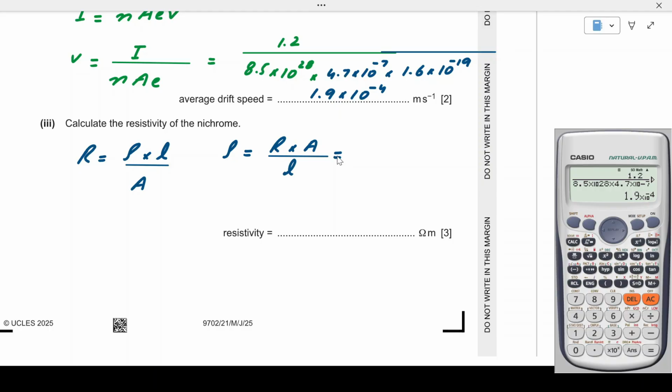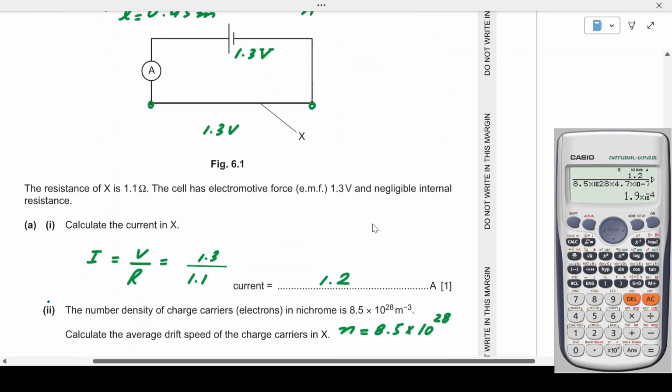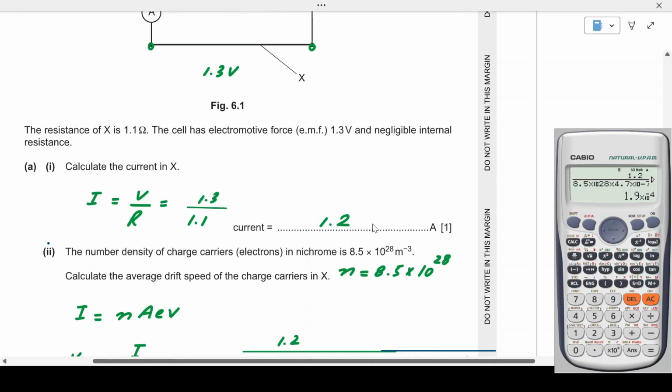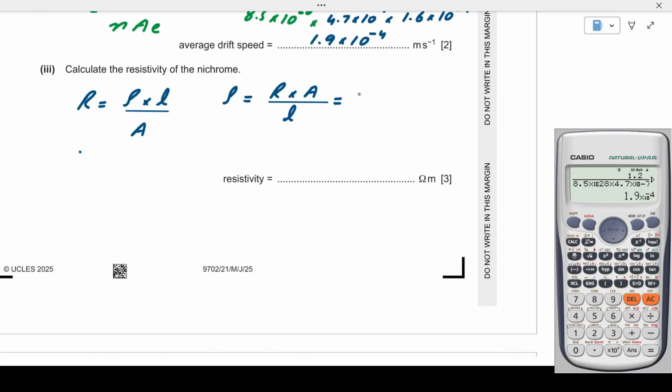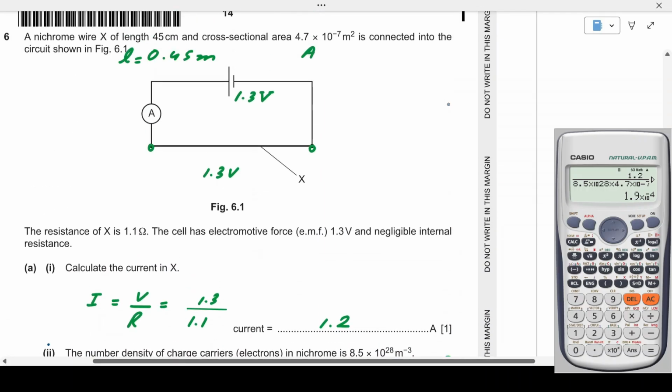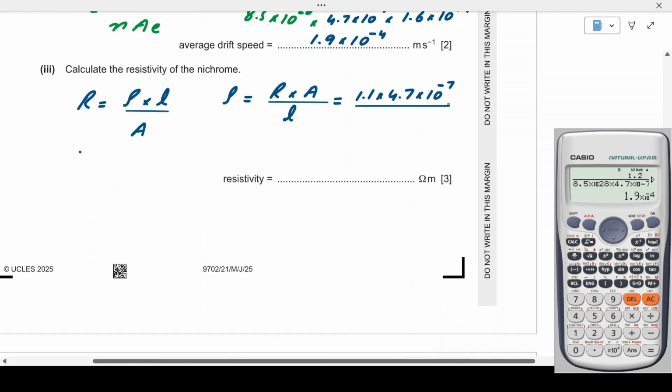The resistance was how much? 1.1. Cross section area, if I could remember, 4.7 into 10 to the power minus 7, divided by the length, which was 0.45, I guess. Yeah, 0.45. 45 centimeters, but we use in meters.